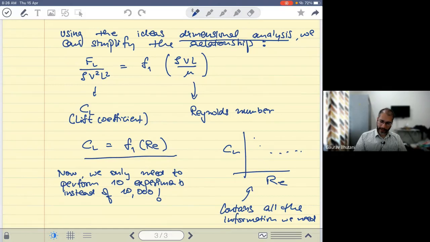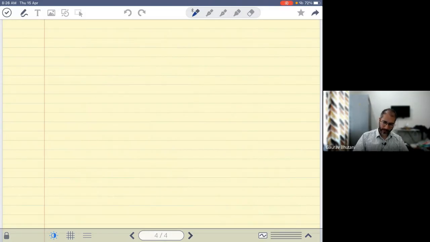Let's understand this a bit more. What this relationship is telling us is, as long as RE, the Reynolds number, for a given design of the aerofoil is the same, then the lift coefficient will always be the same. Because the relationship is only between RE and CL, and RE was rho V L by mu.